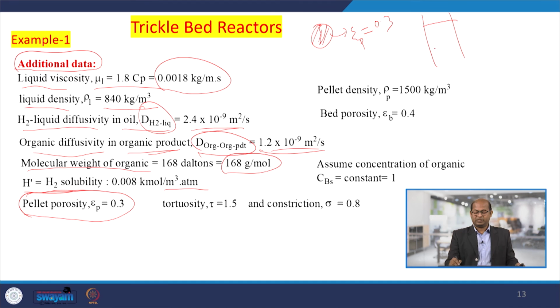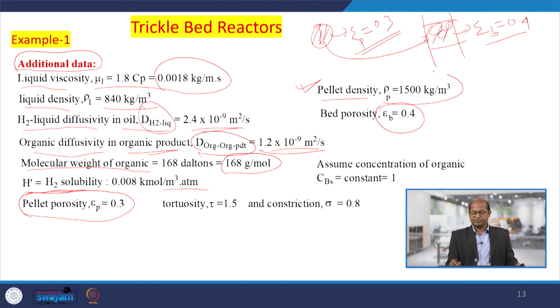If we take a bed of the catalyst, the bed is filled up with catalyst and also has a porosity. That is epsilon bed, which is 0.4, as given. So the bed porosity is 0.4, the catalyst porosity is 0.3, and the catalyst pellet density is 1500 kg per meter cube.